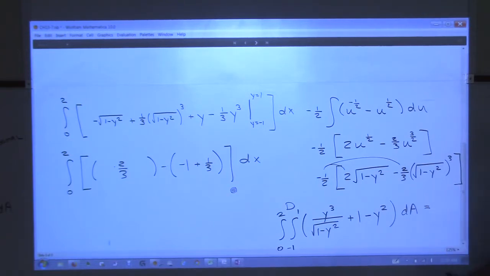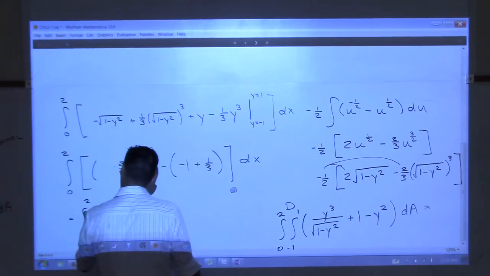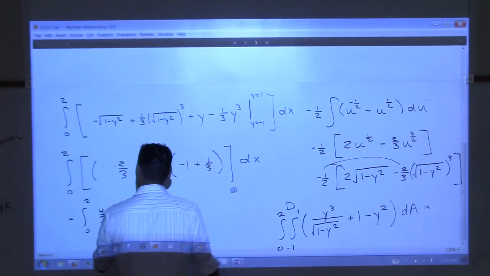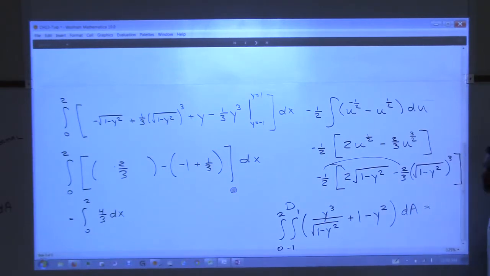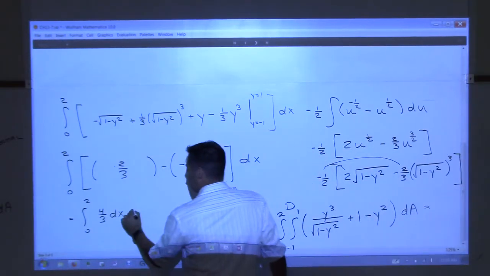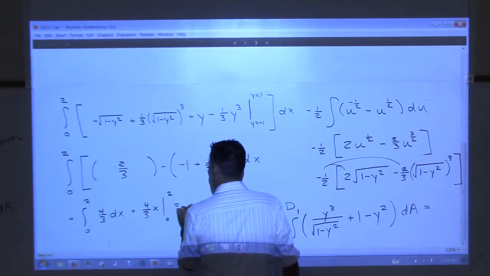So this is the integral from 0 to 2 of 4/3. It's a constant. Isn't that nice? The antiderivative of that with respect to x is what? 4/3 x. And then you evaluate 0 and 2, and you should just get 8/3.